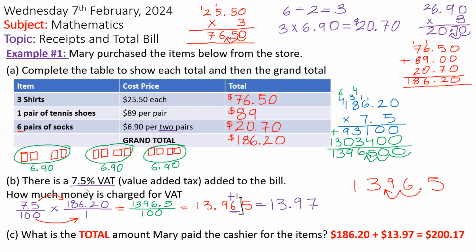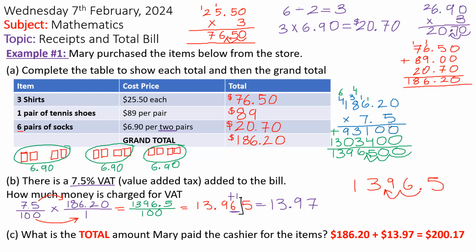B. Okay, so for B, the first thing you have to do, notice that they say 7.5% VAT, right? So you have to do 7.5 over 100 multiplied by the cash price, which is $186.20. So you're going to say 7.5 over 100 multiplied by $186.20 over 1. Then you multiply 7.5 by 186.20, and you get 1396.5.